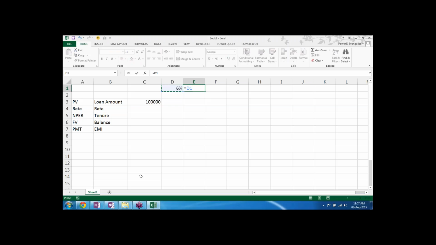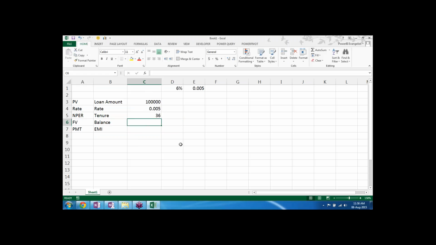It will be 6 divided by 12 by 100, so 0.005. So the rate will be 0.005. And tenure, let's say I want to take a loan for 36 months. Everything is in months, because EMI is in months. EMI stands for equated monthly installment. So everything has to be in months.